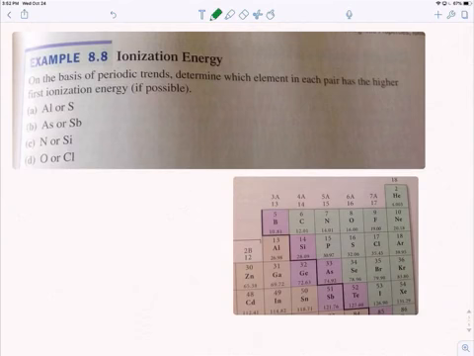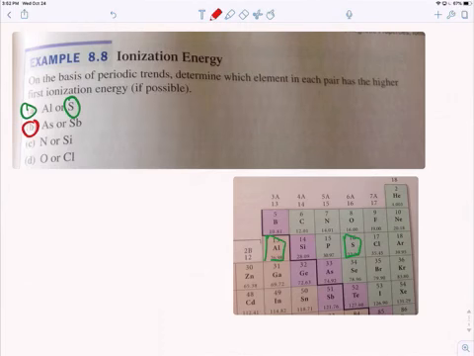On the basis of periodic trends, determine which element in each pair has a higher first ionization energy. So for aluminum or sulfur, sulfur is to the right, therefore it's sulfur. It's higher.